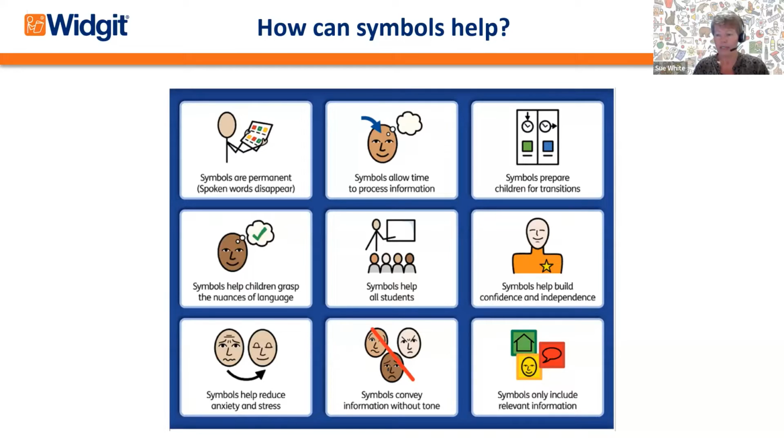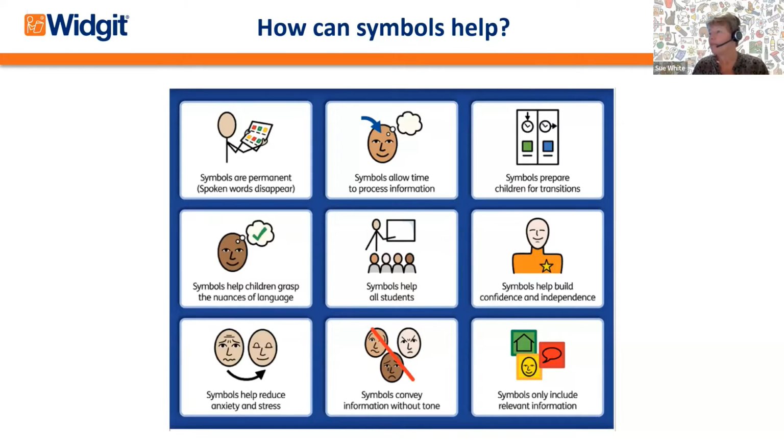So those with a literal understanding who are very pragmatic or have semantic difficulties can really benefit from the use of symbols on key vocabulary to help explain text understanding. Rules and expectations can be set out in symbolized format without any underlying tone of voice.